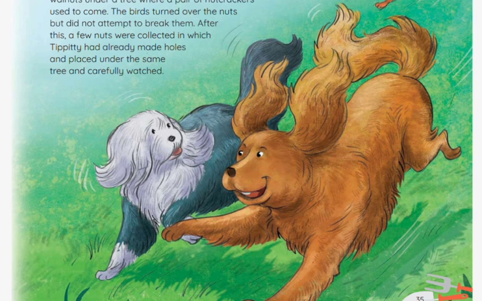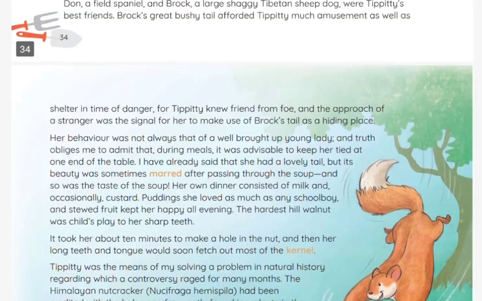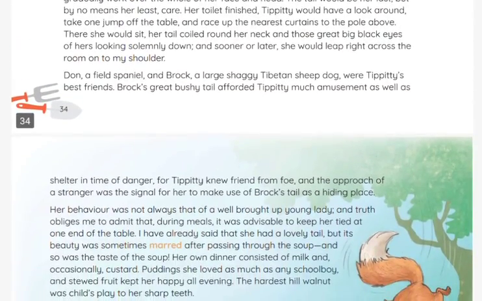The two dogs were different breeds, and here the writer tells us the breed names also. One dog's name is Dawn, a field spaniel, and the second friend is Brock, a large shaggy Tibetan sheepdog. It is a different breed.